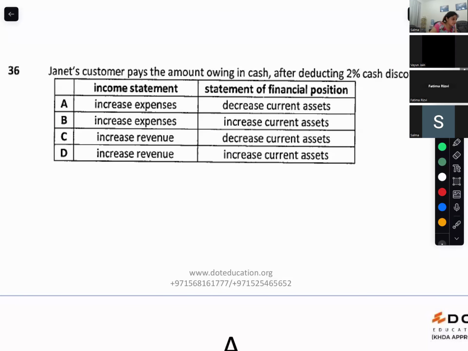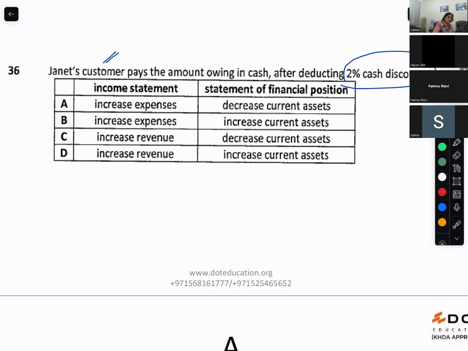Bayun. Yeah, miss. Janet's customer pays the amount owing in cash after deducting 2% cash discount. Miss, I don't understand this.